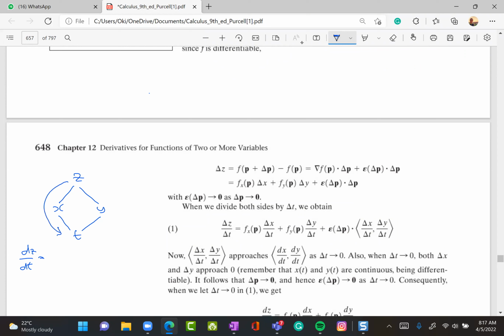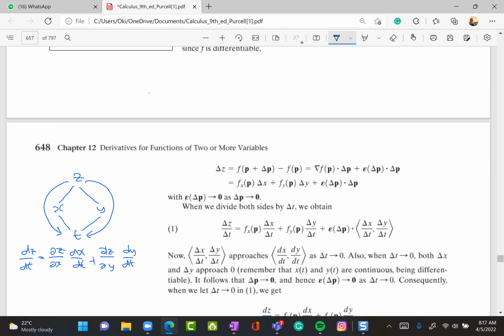Going this way, you get dz over dx times dx over dt, plus the second path, dz over dy times dy over dt.